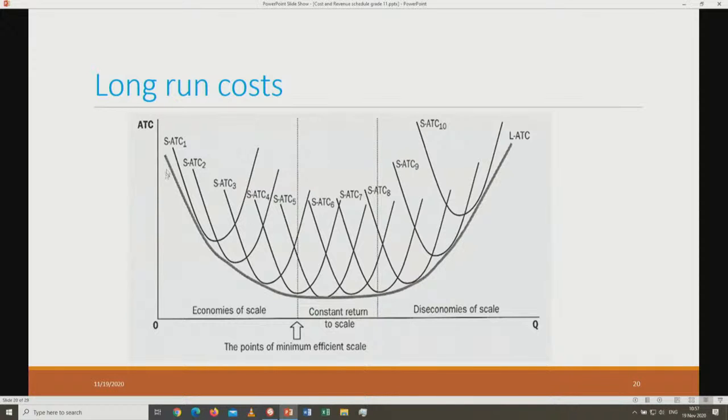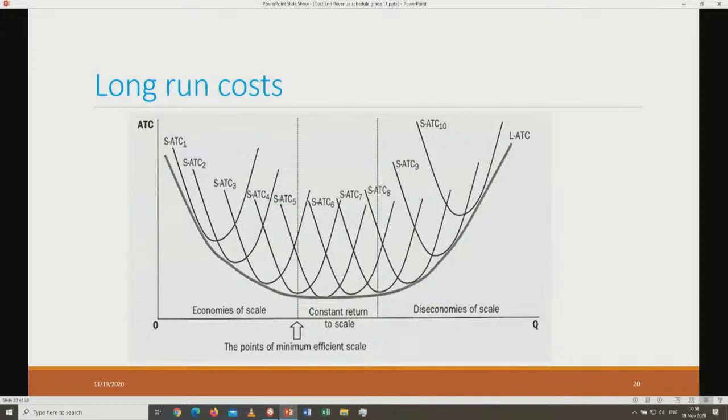So when the average cost decreases because we are spreading it over more factor inputs, we are experiencing an economy of scale. And when the average cost remains the same from one production unit to another, the business is experiencing constant returns to scale.